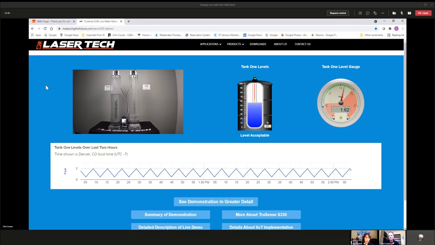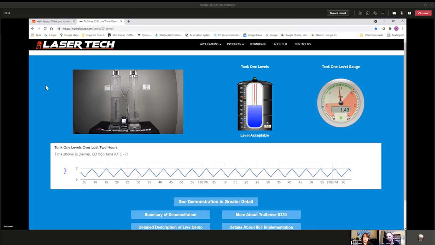So, Clint, what industries do we currently have this sensor in? We have it in a variety of water and wastewater applications throughout North America, and we're starting to penetrate some markets in Asia and South America. We also have some people experimenting with the sensor, measuring rivers and streams.